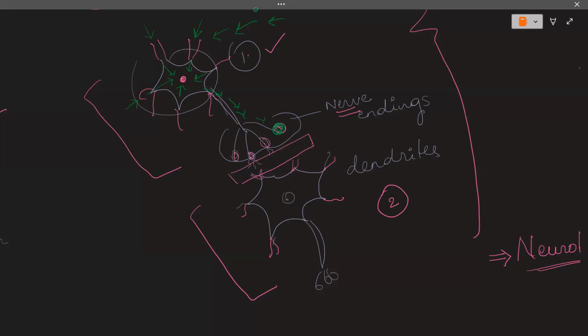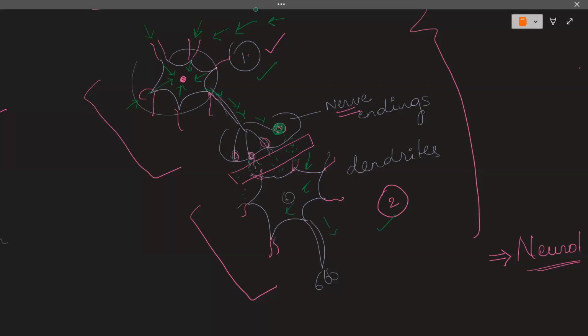So these nerve endings will release the neurotransmitter. And this neurotransmitter, I'm drawing it with the help of dots. So this neurotransmitter now is transmitting the impulse from neuron number 1 to neuron number 2. And then it comes to the cell body.